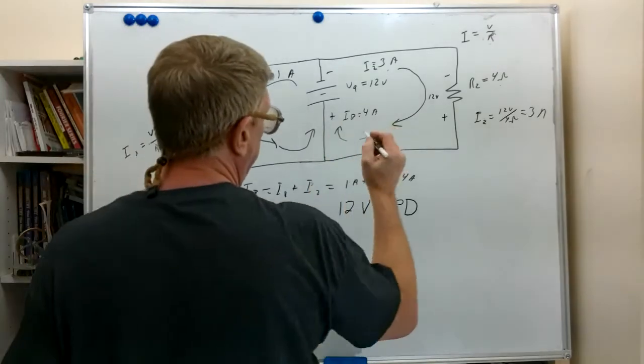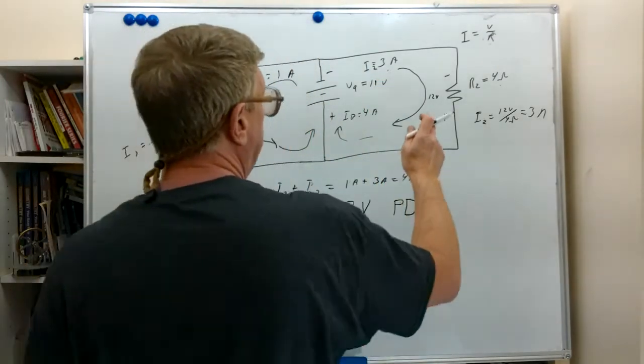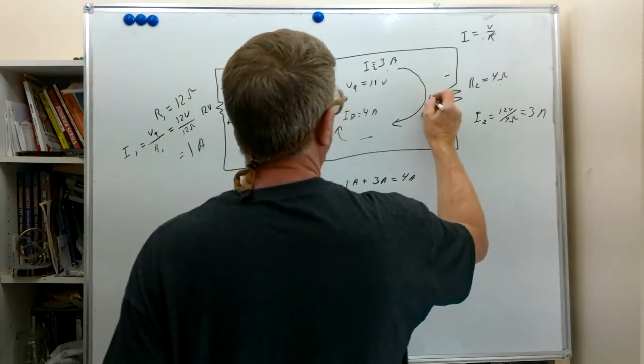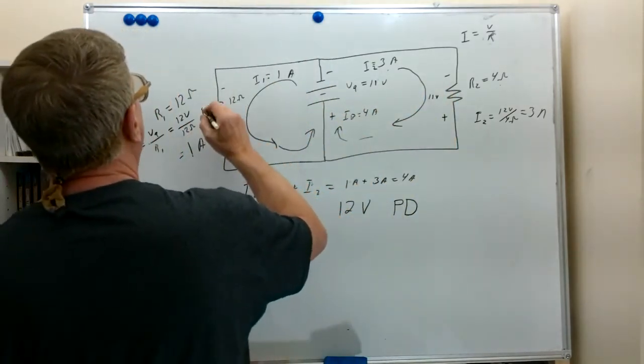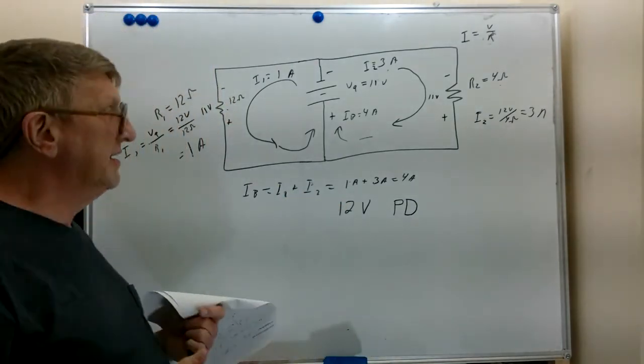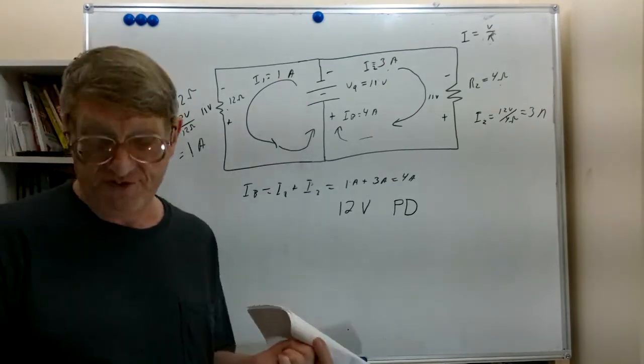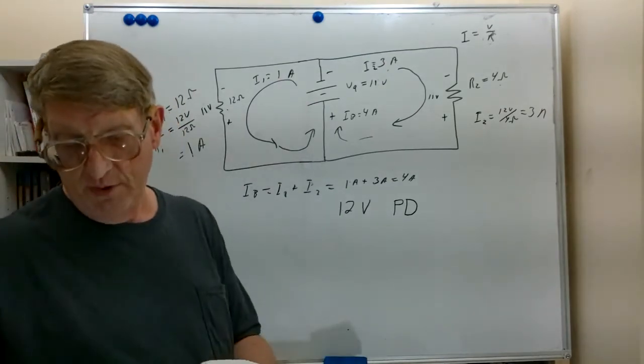Say after some time this goes to 11 volts. Well, that same thing happens over here. This goes to 11 volts, and this goes to 11 volts. So the potential difference didn't move. It changed because the battery became weaker, but the potential difference itself did not move to anywhere else.